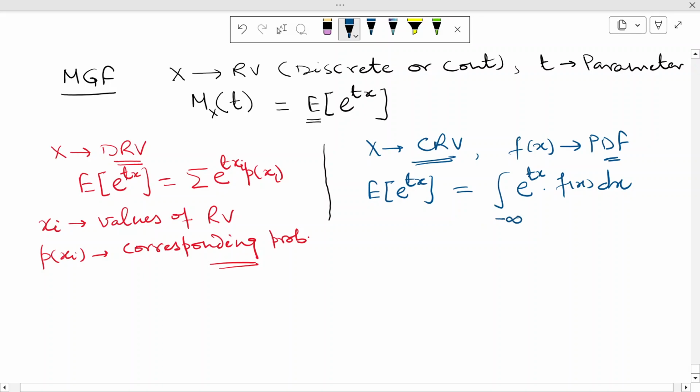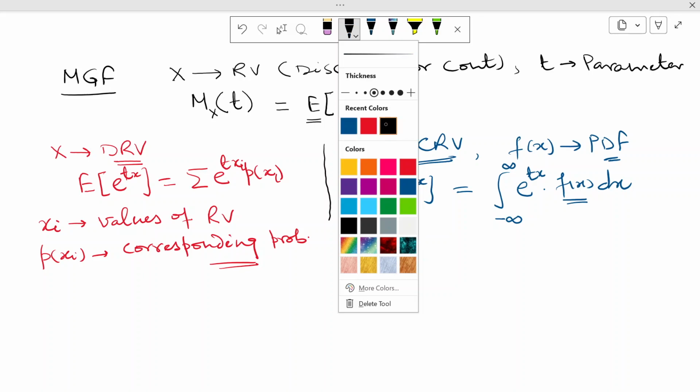Here we can consider the general limits, minus infinity to infinity. However, the limits depend on the expression of f(x). This is how we obtain our moment generating function.